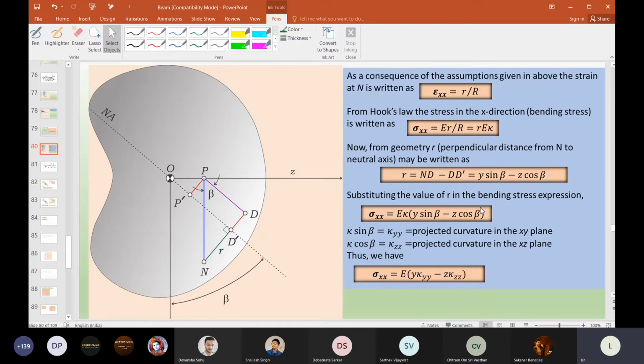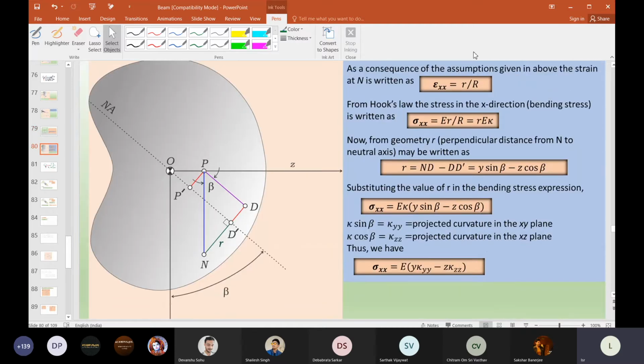Here instead of y I have taken r. This is the neutral axis position. At any location, let us take this as N, the distance is ND prime. As you move away, r becomes larger and larger, and the strain will become larger and larger.